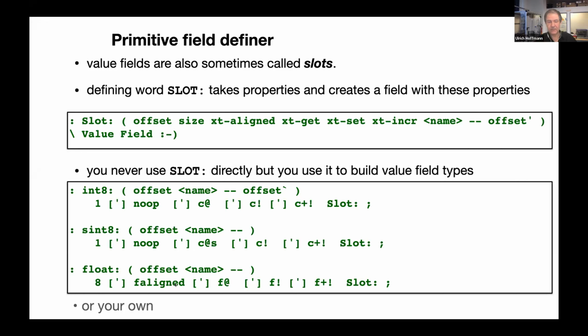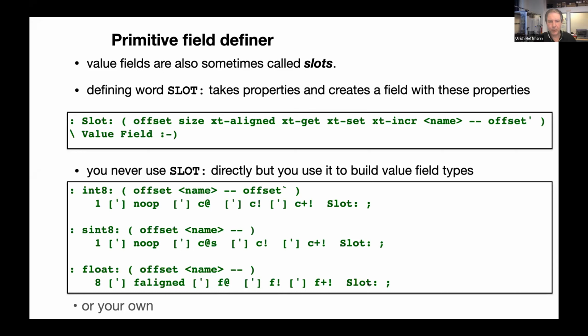You have to align the field with the f-aligned operator. If you fetch the value, you do it with ffetch. If you store it, you do it with fstore. And if you want to increment it, you fetch the value, add 1 to it, or add the value on the stack to it, and then store the value again, which is f-plus-store.